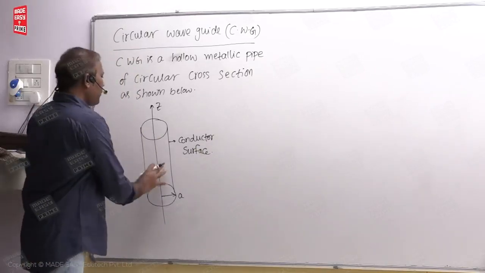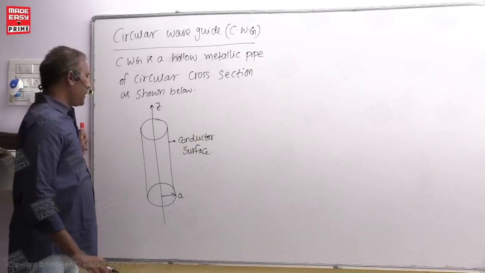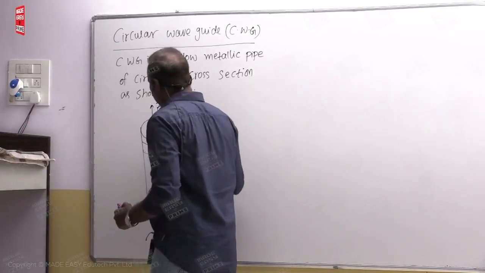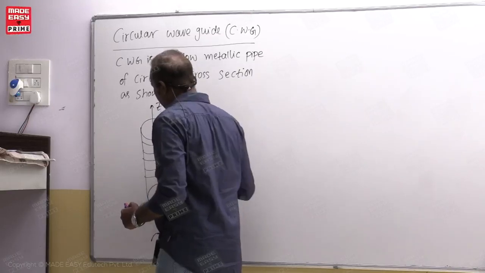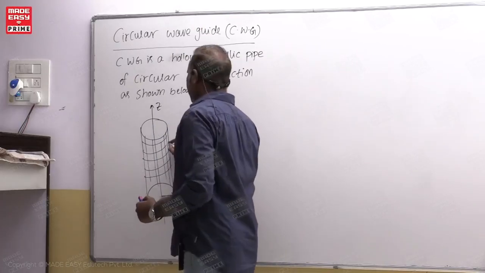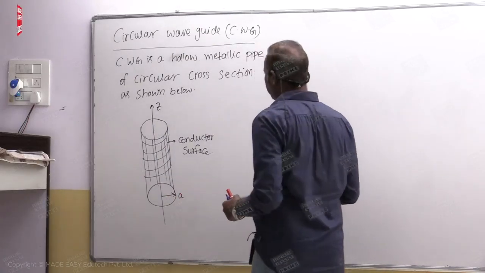So this is called circular waveguide actually. This is all conductor surface only.